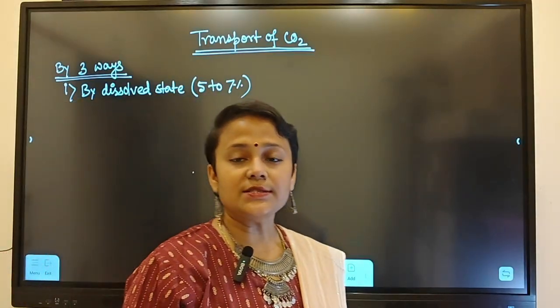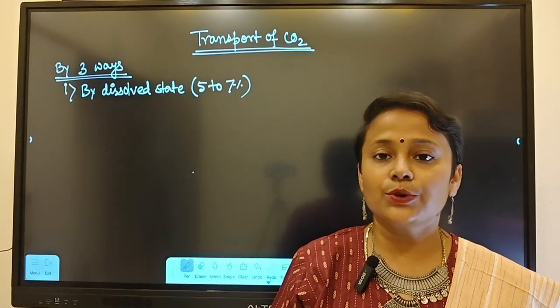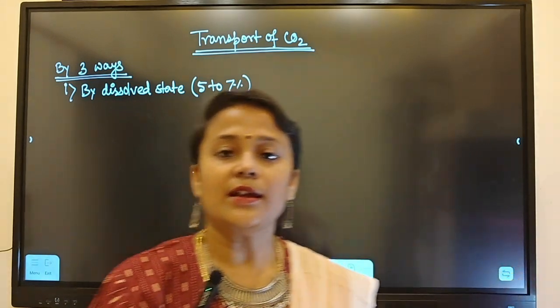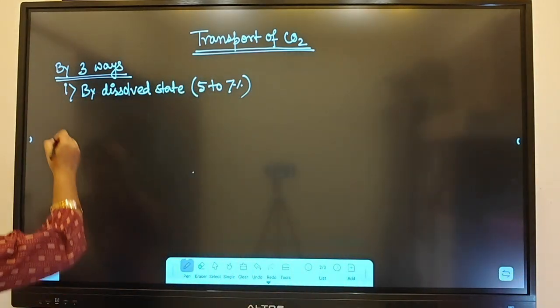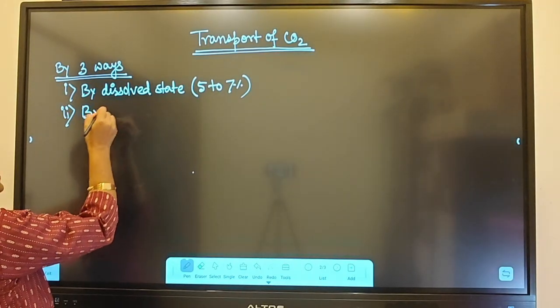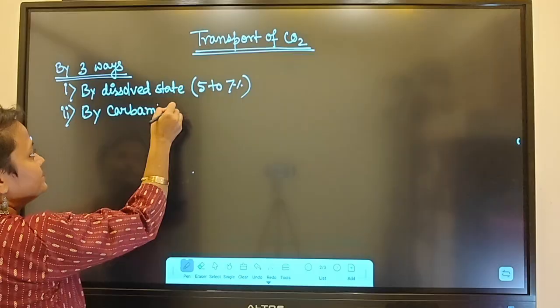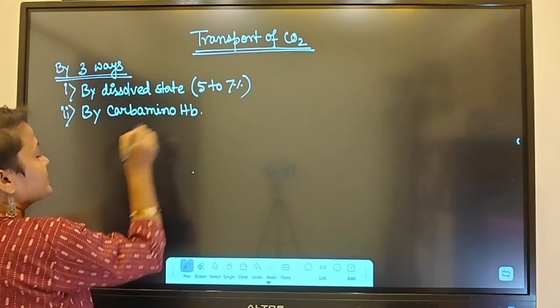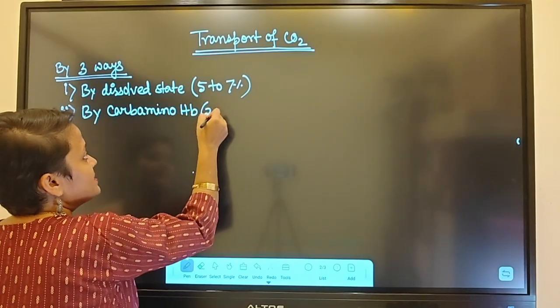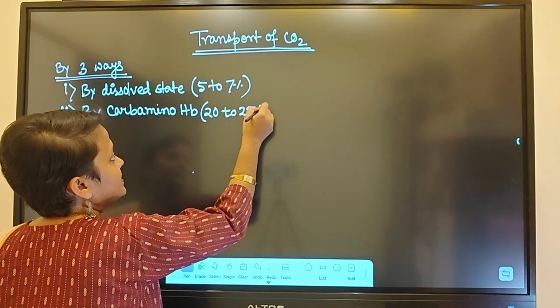We know that oxygen can bind with hemoglobin to make oxyhemoglobin complex. Here, carbon dioxide also can bind with the hemoglobin to make carbamino hemoglobin. And what is the percentage? 20 to 25%.